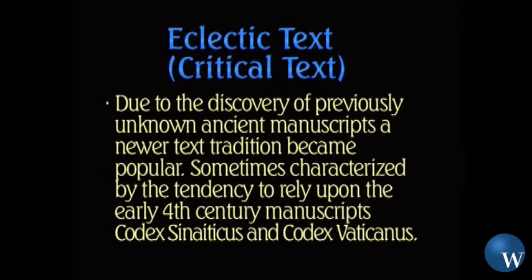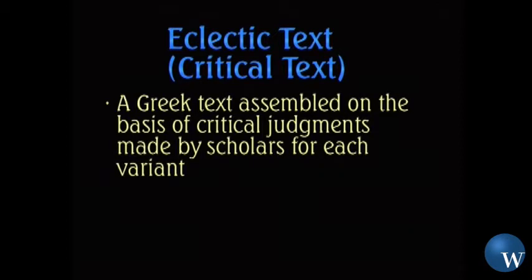Due to the discovery of previously unknown ancient manuscripts, a newer text tradition became popular, sometimes characterized by the tendency to rely upon early 4th century manuscripts such as the Codex Sinaiticus and the Codex Vaticanus. Something else about it: it is a Greek text assembled on the basis of critical judgments made by scholars for each particular variant.